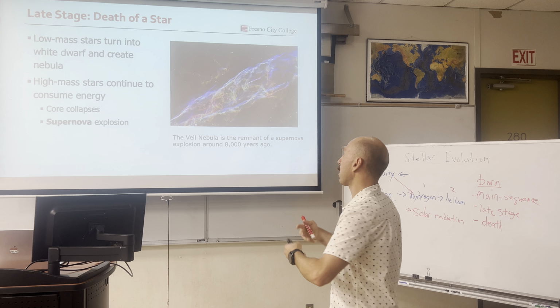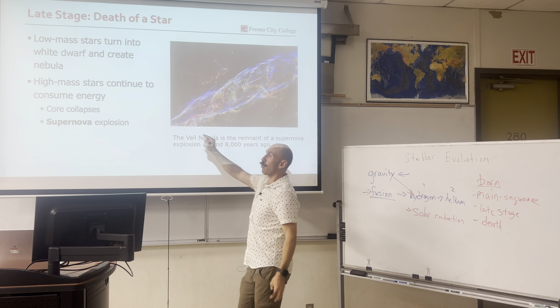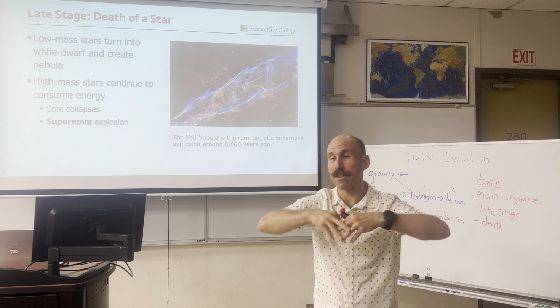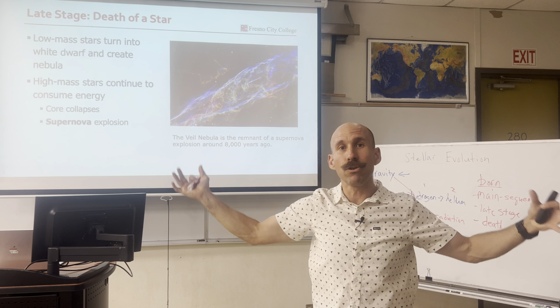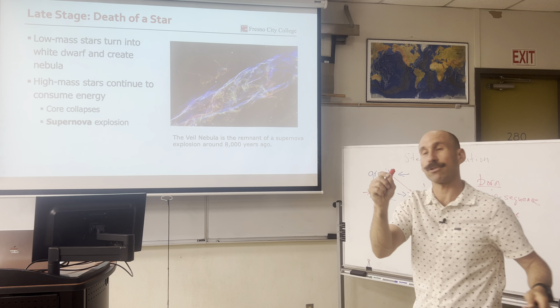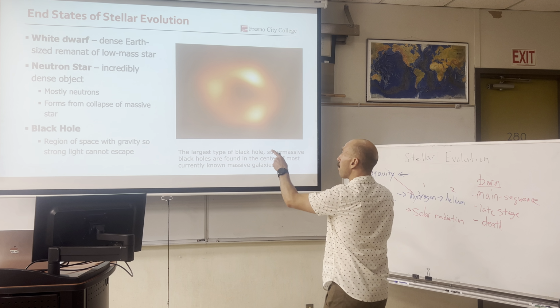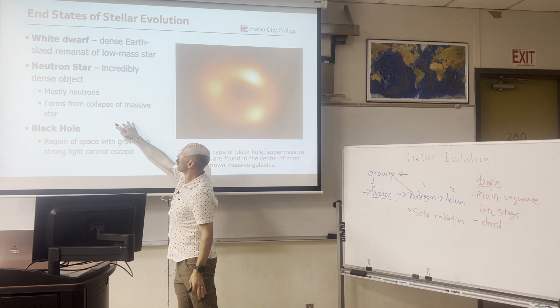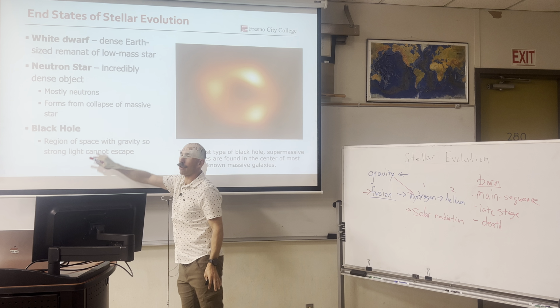Stars can kind of recycle. Or if it is a red giant or a supergiant, the core might collapse on itself, and the result of that is an explosion called a supernova. A supernova explosion from the core collapsing. But what that leads to is either a neutron star or a black hole.